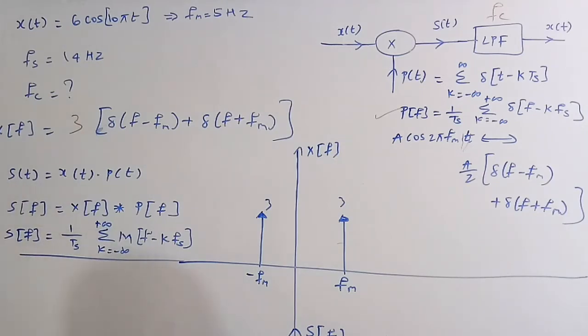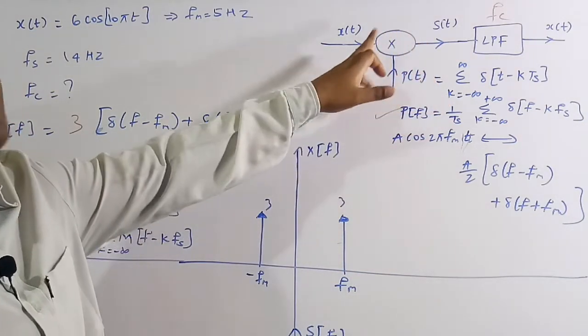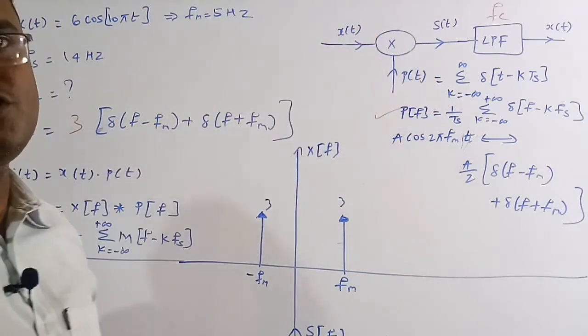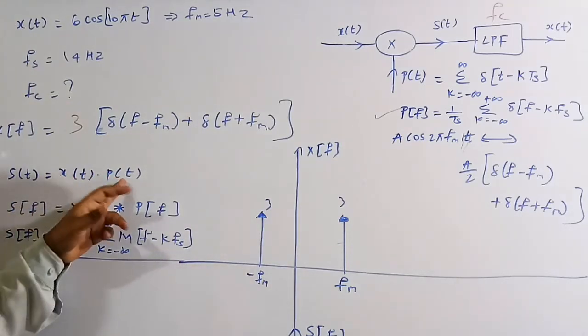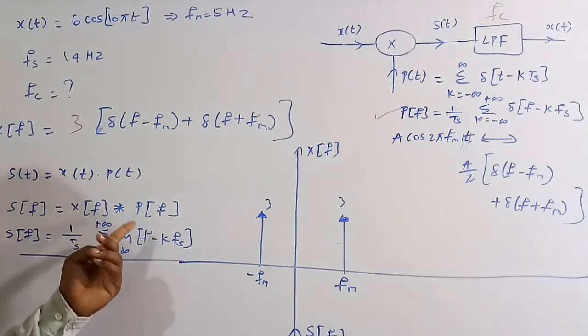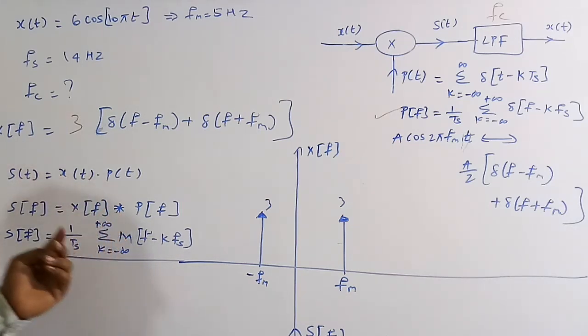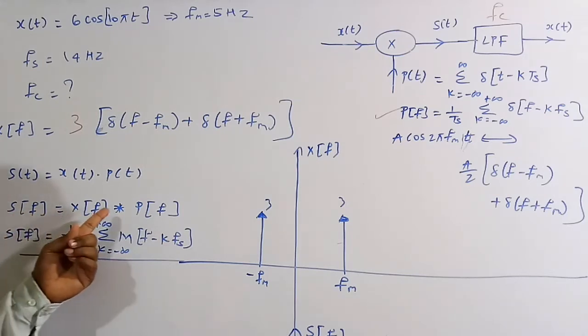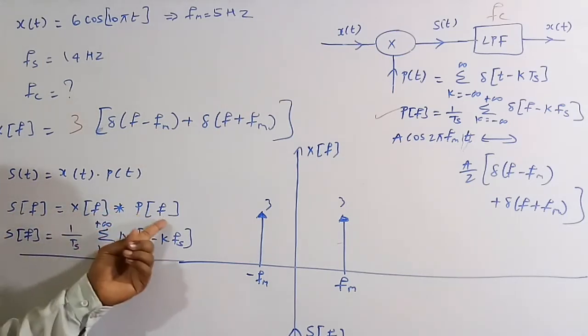I have already told you s of t is the product of x of t and p of t. So s of t is equal to x of t into p of t. Converting to the Fourier transform, the product changes to convolution. So s of f is equal to x of f convolved with p of f.